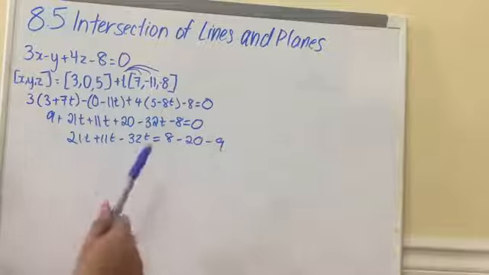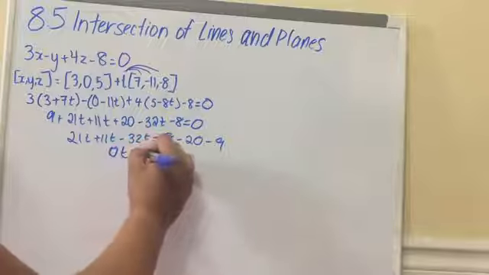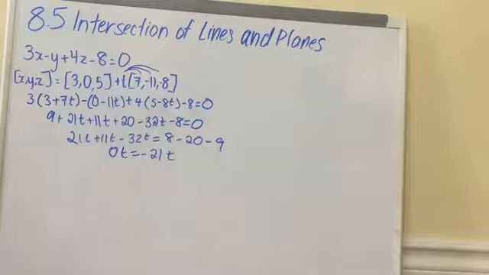So we're going to add everything up, and we get 0t is equal to negative 21. Since there are no values of t, this means that the line is parallel to the plane.